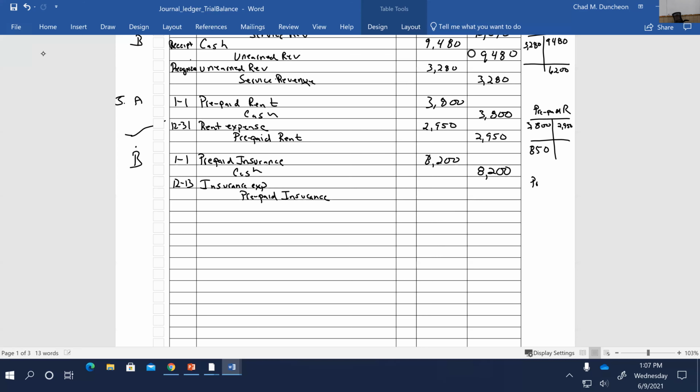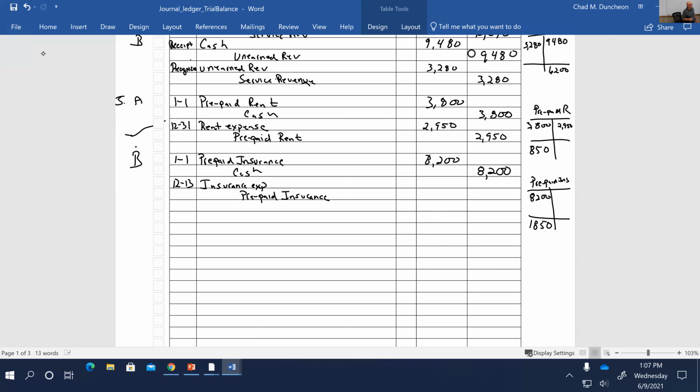So we need to do a little T account analysis for our prepaid insurance and see that we started with 8,200. At the end of the year, we still had 1,850 that was still unused.